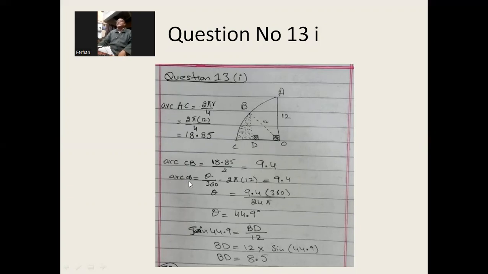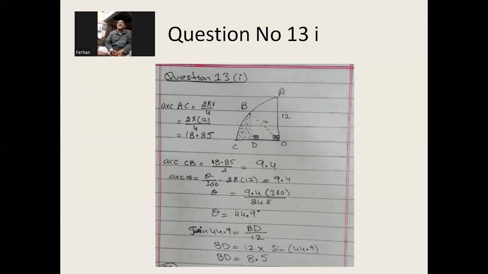The arc CB is the arc of this sector BCO, and I will try to find out the angle at the center. I know the arc length, I know the radius, so very easily, the formula for the arc is theta divided by 360 times 2 pi r, and I know the arc already, that's 9.4. So theta divided by 360 times 2 times pi times 12 equals 9.4.